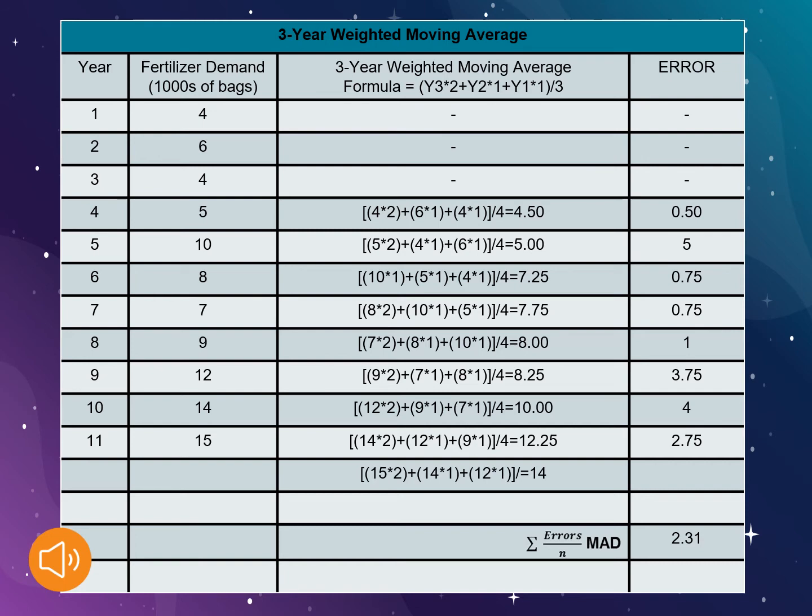If you remember, for the moving average we have 2.54, and for the weighted moving average we have 3.31. This only means that since the moving average MAD was actually lesser than the weighted moving average, the moving average is better, or this is the method to be used in forecasting for this problem.